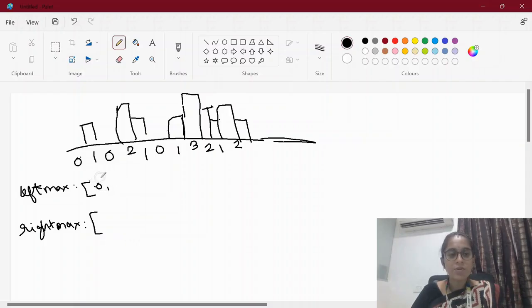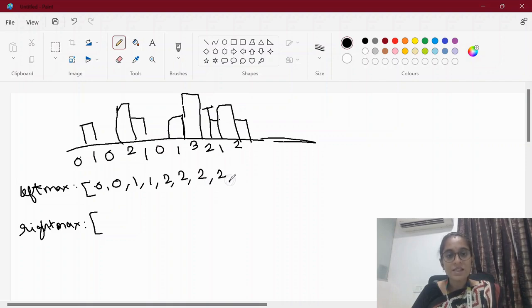In the second position also it is 0. In the third position the left maximum is 1, in the fourth it is 1, and in the fifth position it is 2. The next ones also have left maximum 2.